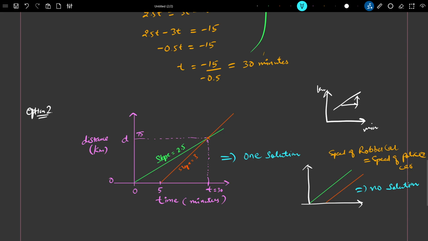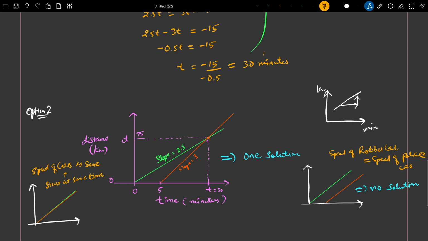And similarly, the other case would be like this. The other possibility would be if the speed of the cars is the same, plus they start at the same point, at the same time.